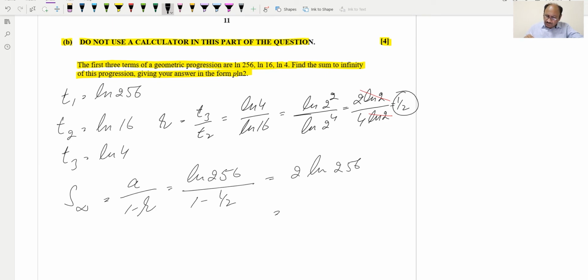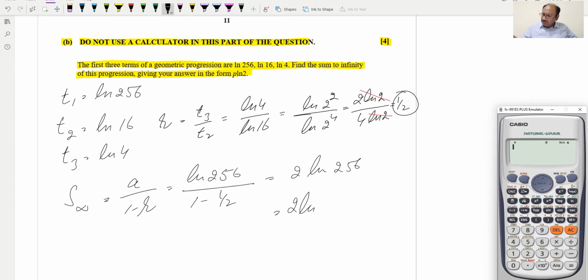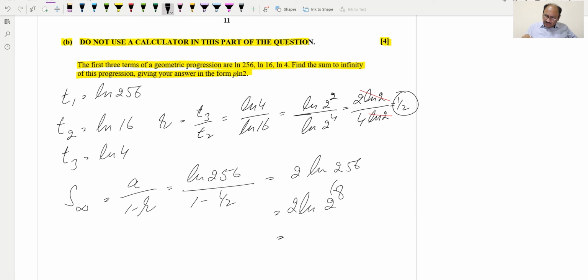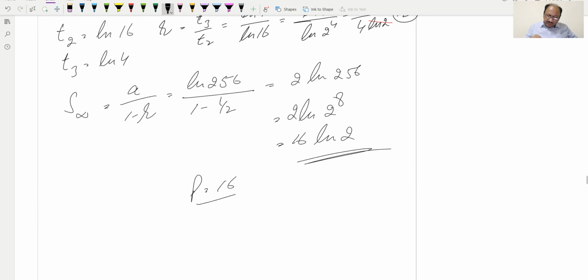Before this, what we can do is rewrite 256 as 2 raised to the power 8, because we are just forming the shape of the required answer. So we need log 2, that's why we are shifting. So it will be 16 log of 2, and the p value is 16. This is what we have done.